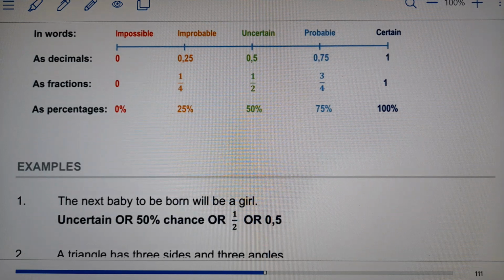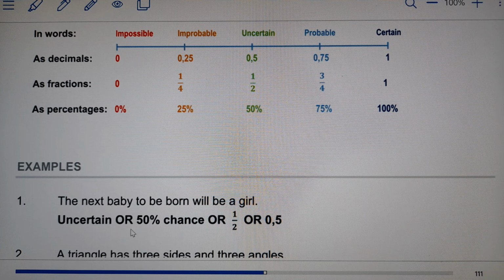Okay, so number one, we have examples. What is the probability that the next baby to be born will be a girl? Remember we said a probability is the number of favorable outcomes divided by total outcomes.